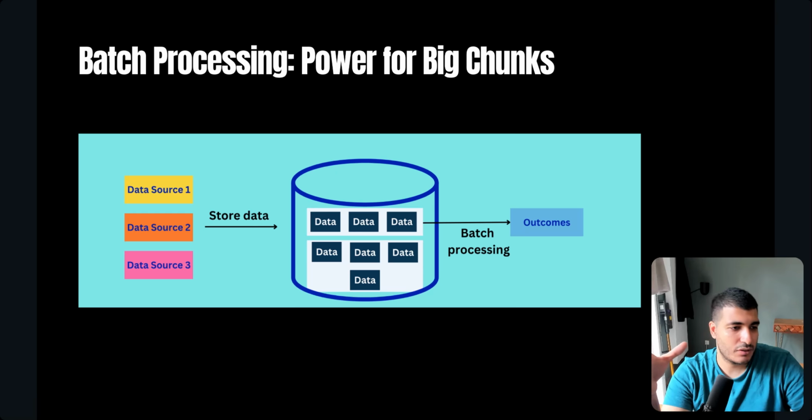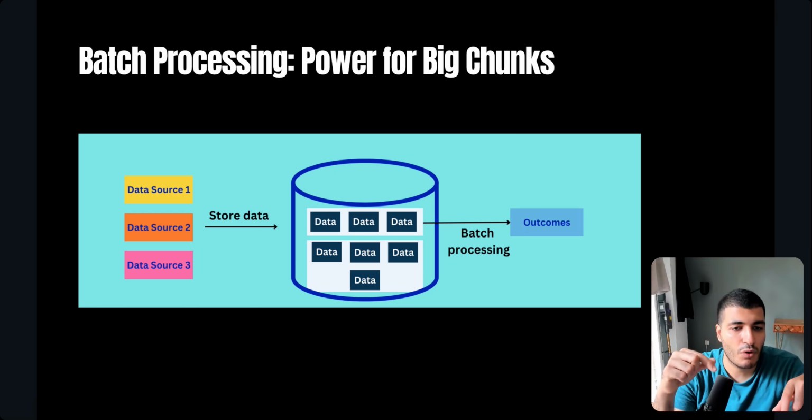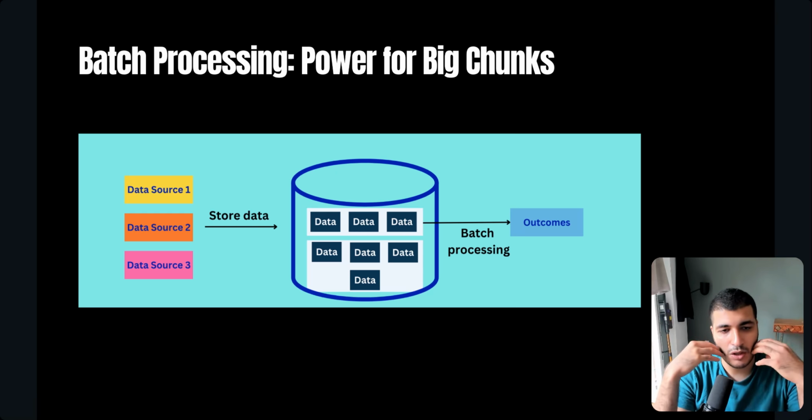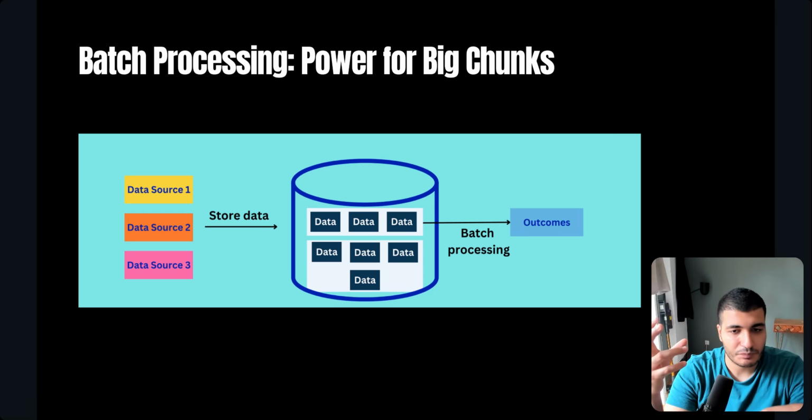The pros of this type of functionality: first, we have high throughput. It's excellent for processing very large volumes of data efficiently, as processing can be optimized for throughput rather than latency. Number two, it's cost effective.